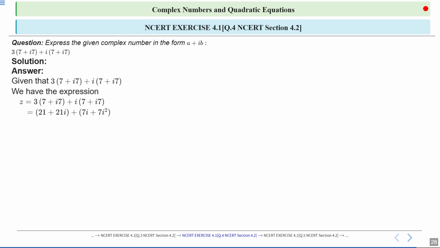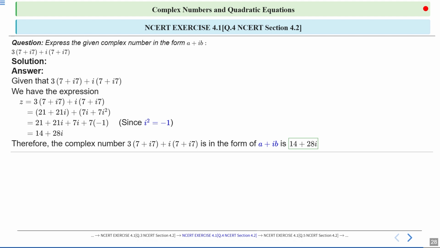We can write this expression as 21 plus 21 times iota plus 7 times iota plus 7 times iota square, which is equal to 21 plus 21 times iota plus 7 times iota plus 7 times minus 1, since iota square is minus 1. This is equal to 14 plus 28 times iota. Therefore, the complex number in the form a plus iota times b is 14 plus 28 times iota.